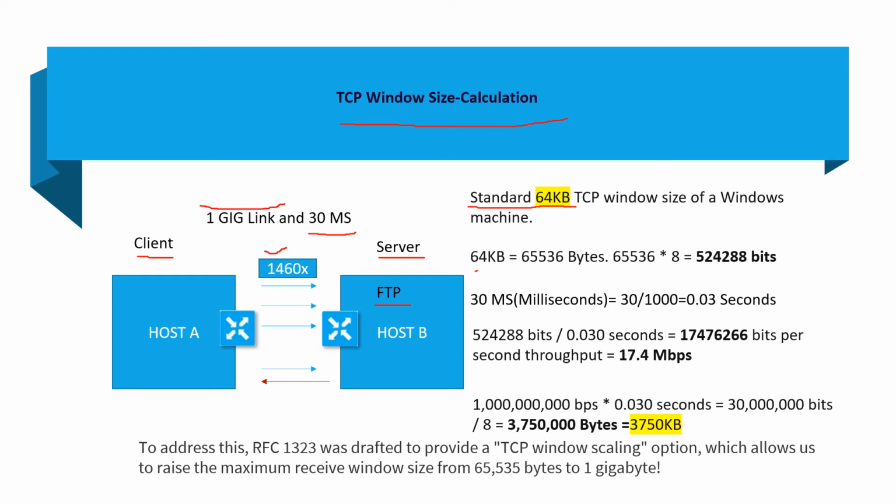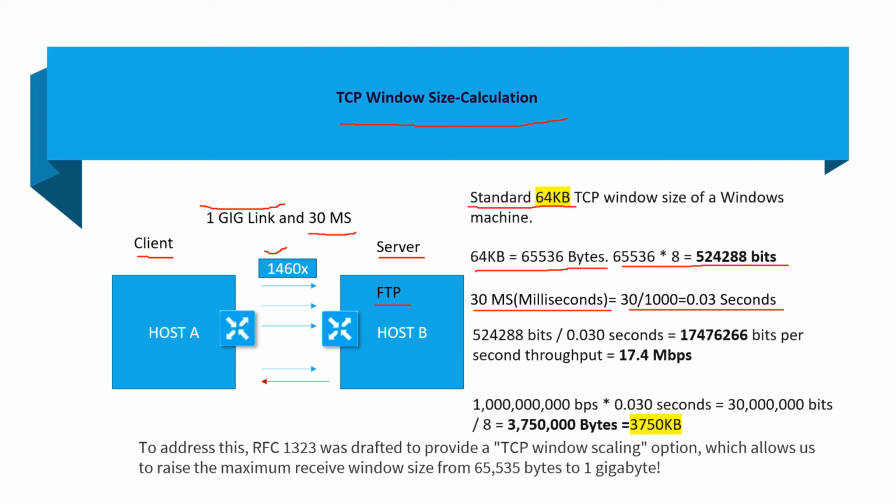Let's convert it into bits. 64 KB means 65538 bytes times 8. That gives us the bits, so it's 524288. My latency is always measured in milliseconds, so I'm going to convert it into seconds. So it is going to be 0.03 seconds.